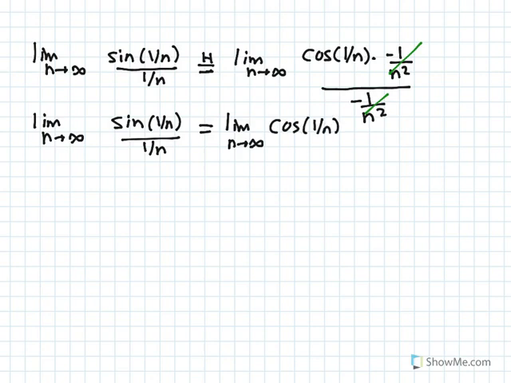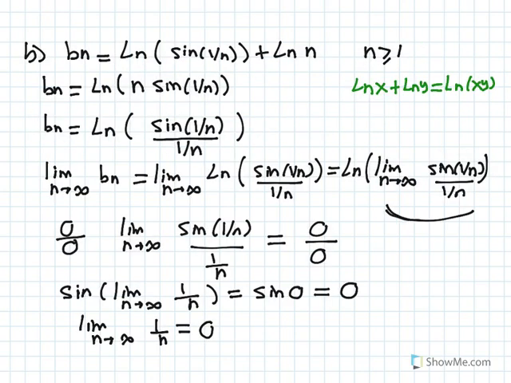Now, taking the limit as n goes to infinity, let's bring the limit inside the cosine function. Cosine of the limit as n goes to infinity of 1 over n. 1 over infinity is, of course, 0. We get cos of 0, and cos of 0 is equal to 1. Now apply log to it. Because we looked at the limit inside the brackets, we have to take the log of that limit.